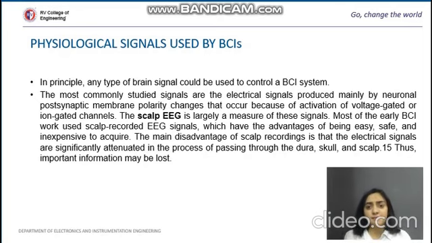This might be the safest option when it comes to using neuroprosthetics using a BCI, but then it has its own disadvantages. The main one is that the signal undergoes a lot of attenuation as it has to pass through the dura, the skull, and the scalp. So most of the information might be lost.